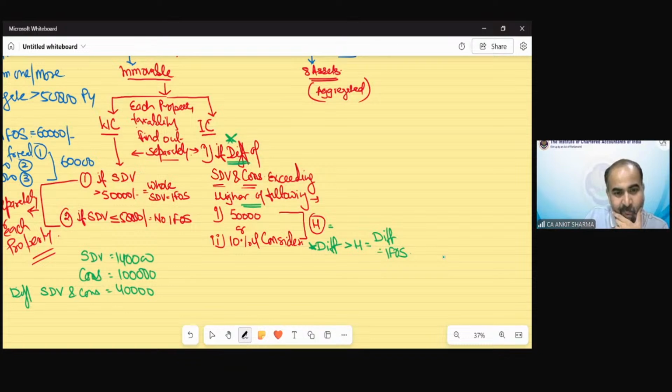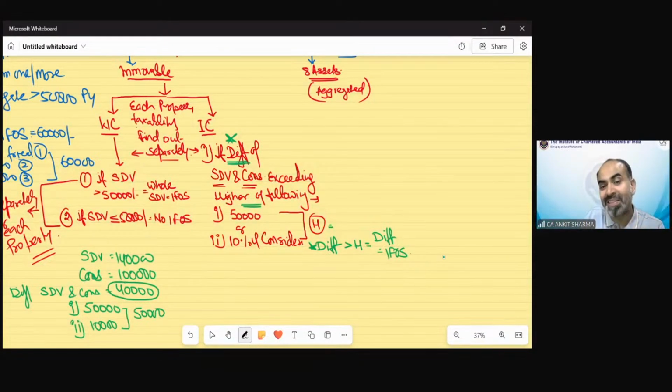And now I have to find out these 2 points. First is 50,000 and second is 10% of consideration, that would be 10,000. Which is higher? The higher is 50,000. So now the difference does not exceed the higher value, so there would not be any income from other source. Difference should exceed the higher of these two values. In that case, there would be income from other source.